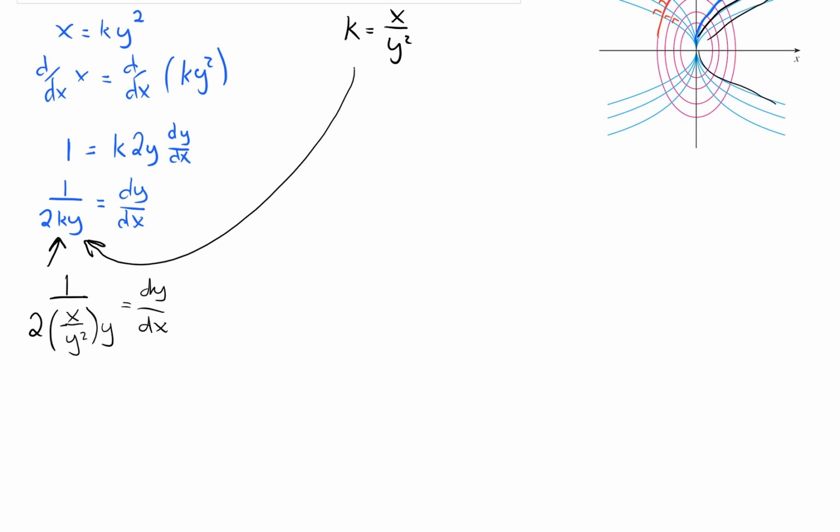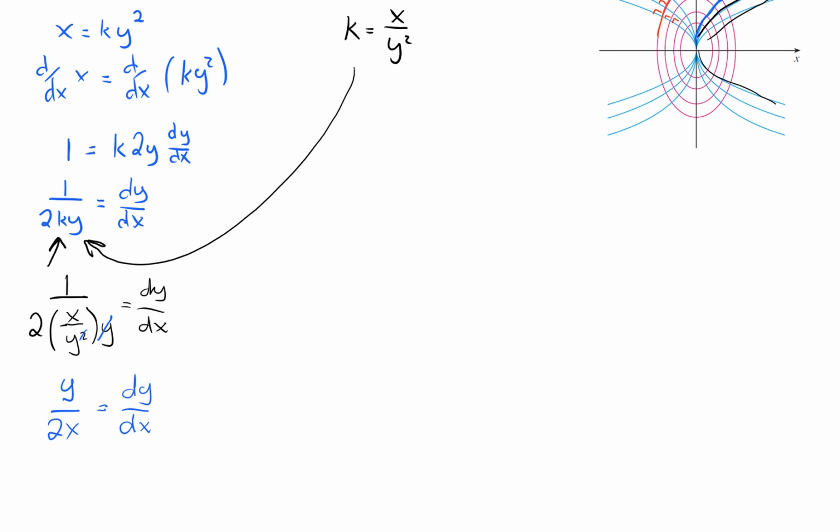Let's clean this up a little bit. I can cross out a y up here with a y down there. And then notice I have 2x divided by y in the basement, so I will multiply top and bottom by y, and I reach y over 2x equals dy/dx.